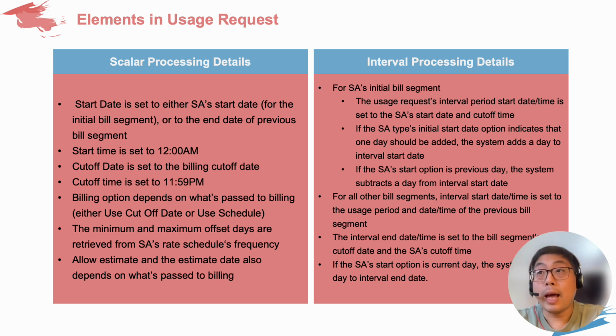Like dials, maybe it's 1, 2, 3, 4, 5, and next month is 1, 2, 3, 5, 5. Then that means 10 kilowatt hour consumption. But for interval, normally what comes back is the consumption itself. So every half hour we get a consumption of, say, 2 kilowatt hours, etc. So these are the differences.